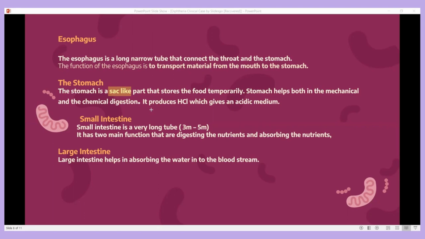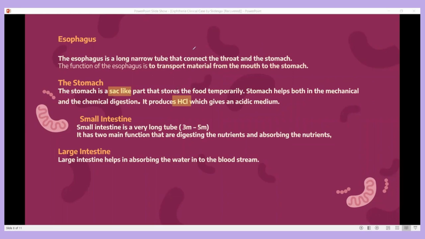And also it produces hydrochloric acid, which provides an acidic medium to the food. So by having this acidic medium, if the food we are taking in is a base, it will be neutralized by the HCl produced in the stomach.